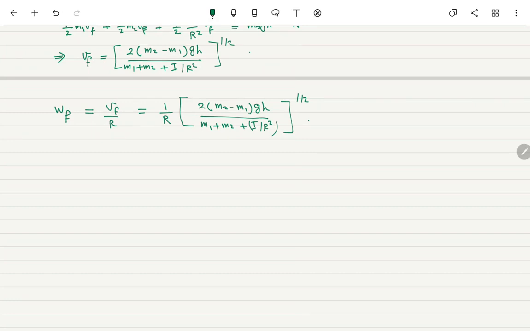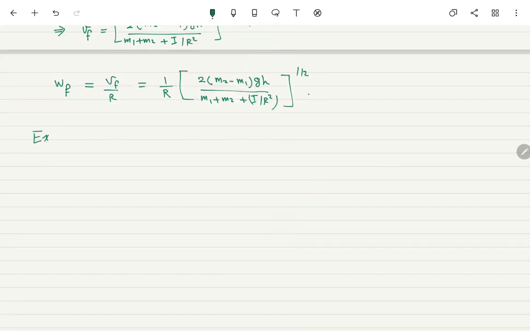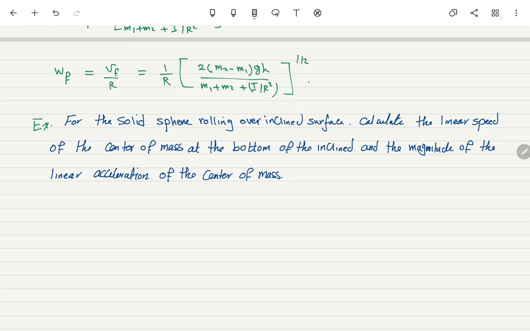One last example. For the solid sphere rolling over inclined surface, calculate the linear speed of the center of mass at the bottom of the inclined and the magnitude of the linear acceleration of the center of mass. So here's the situation. We have here an inclined surface and a sphere rolling over this inclined surface.